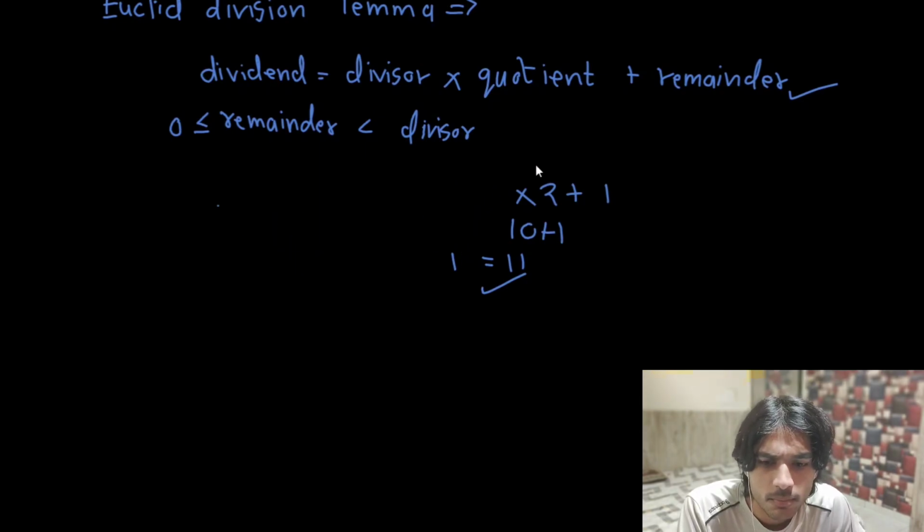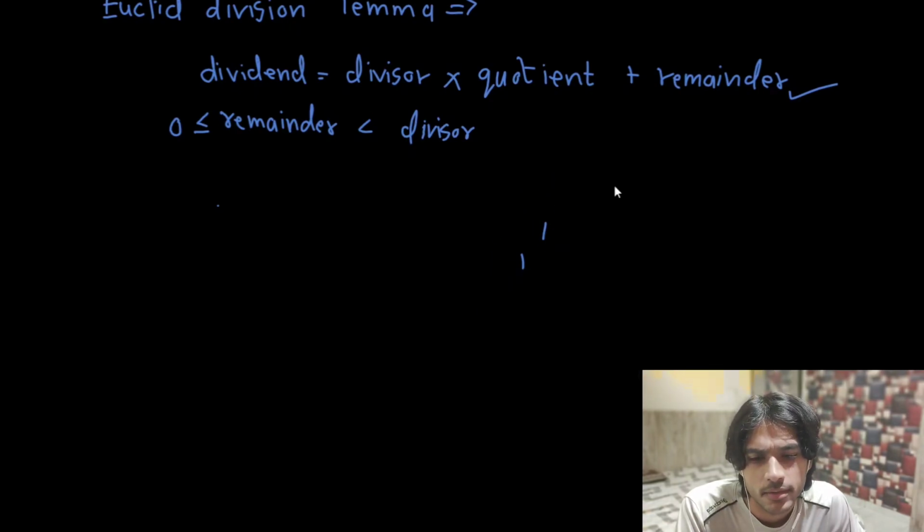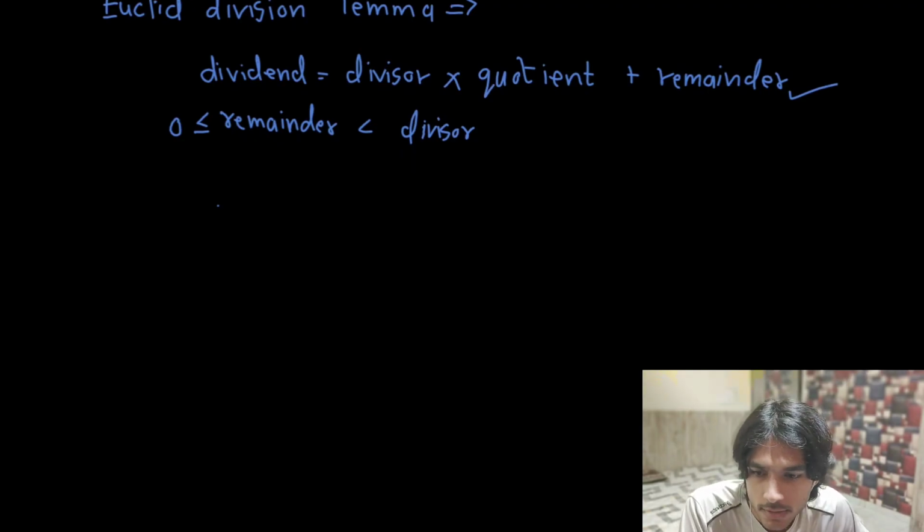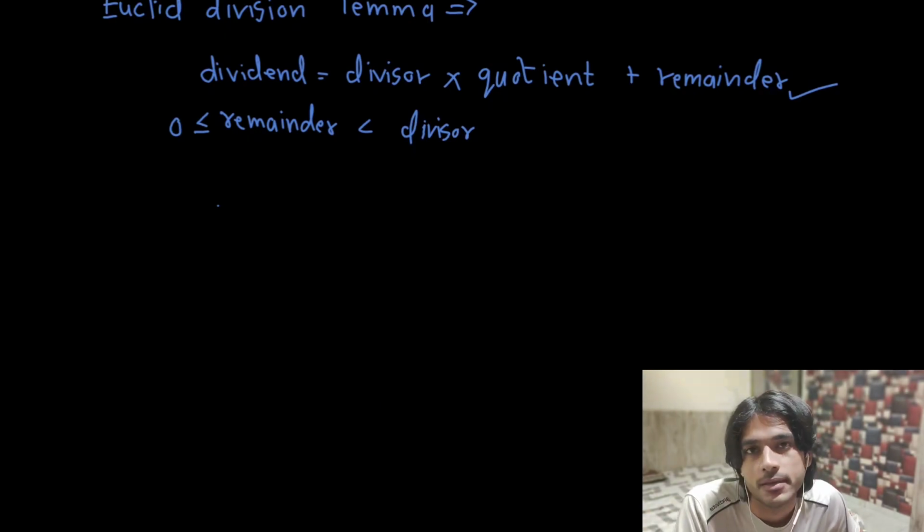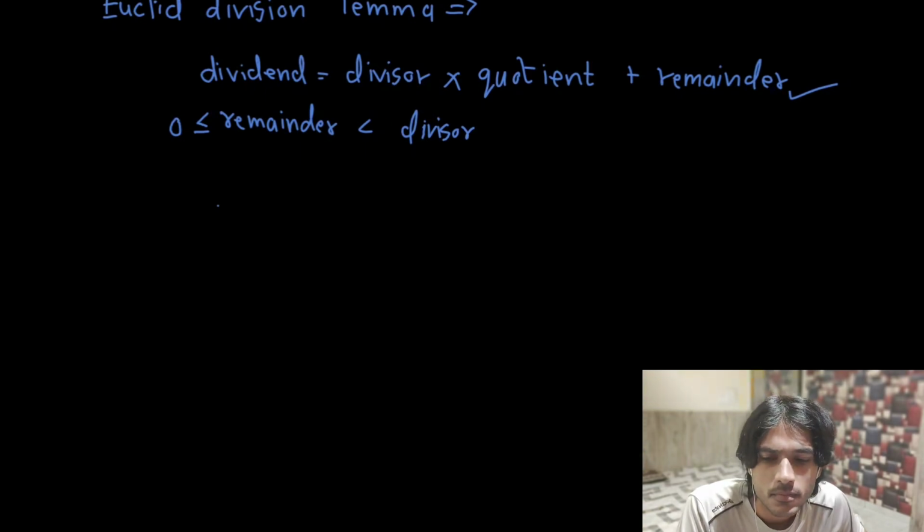You just have to remember what are divisor, dividend, quotient and remainder, and also this property, that the remainder will be strictly less than the divisor and greater than or equal to 0. What do I mean by that? See, when I divided 11 by 5, I stopped at the step when I got 1 as a remainder.